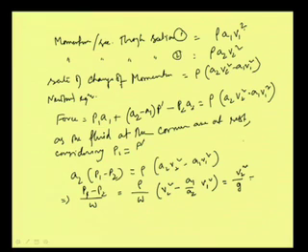We know that discharge is the same. So, we have A1 V1 is equal to A2 V2. So, A1 by A2 is equal to V2 by V1.